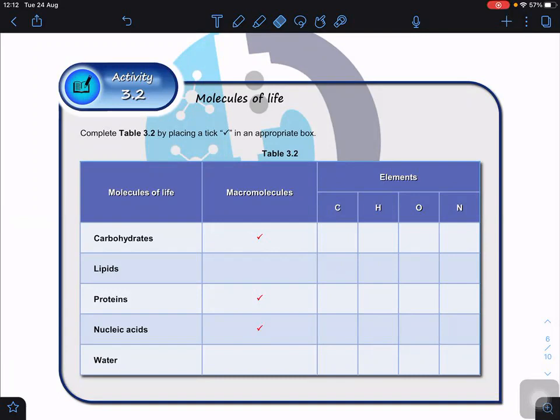Only these three. So for carbohydrate you can write down, it's actually a monosaccharide, the monomer. Proteins will be amino acid. And nucleic acid is a nucleotide. Okay, they are monomers. Lipids and water, they are not macromolecules.